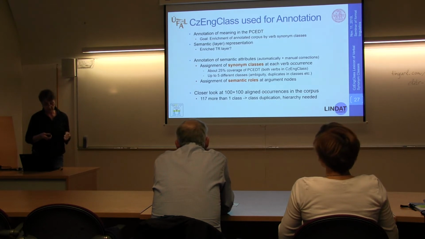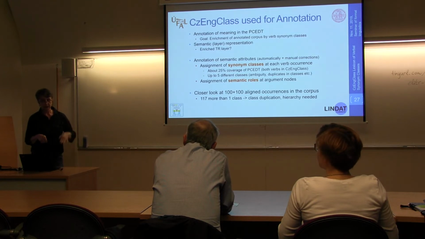So those duplicated cases, we had to decide if we will merge them or not. Some of them are already merged. And then we realized that we need also something else in our lexicon, and those are the hierarchical relations. So far, our lexicon is just flat. We don't distinguish any hierarchy there, and the annotation showed that it would be needed.